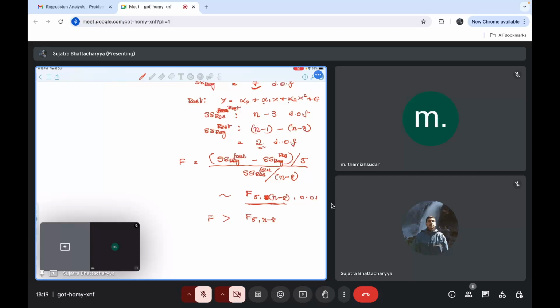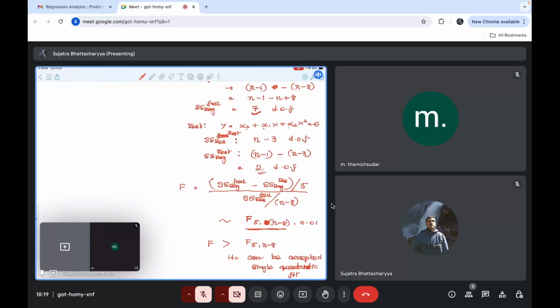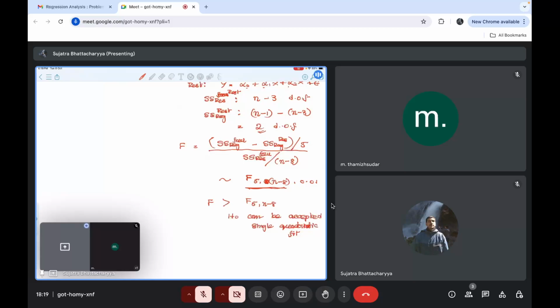Okay. So if this is valid, then H naught can be accepted. What do you mean by H naught accepted? H naught accepted means that single quadratic fits. Because in H naught, we have actually put the conditions for the single quadratic model. Correct? So you need the F statistic to be greater than this.